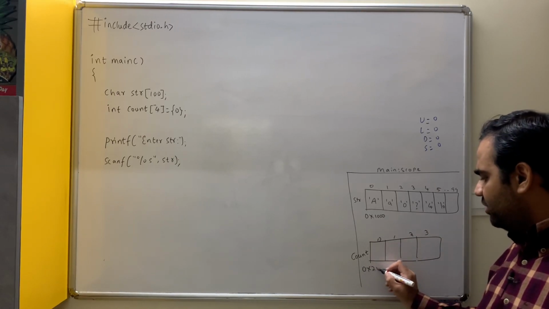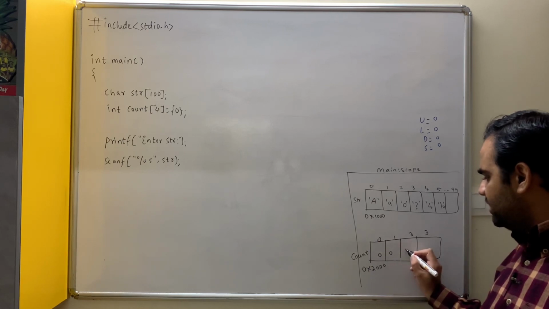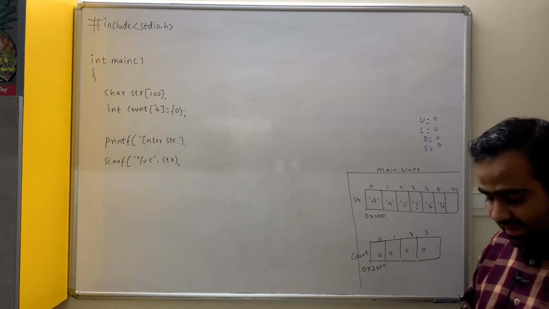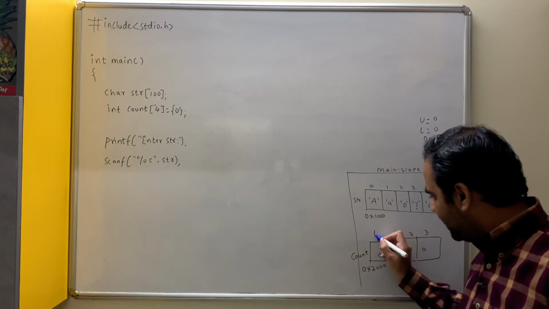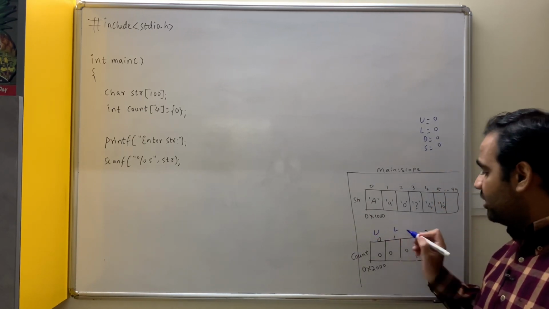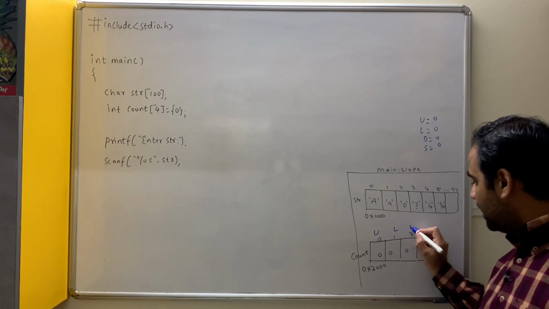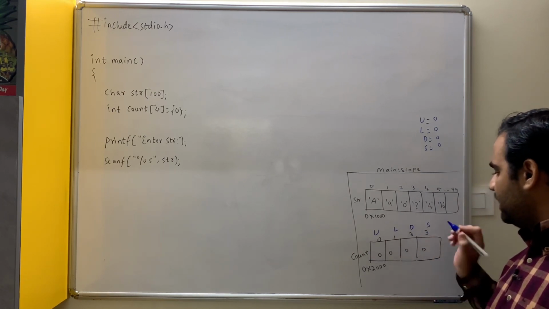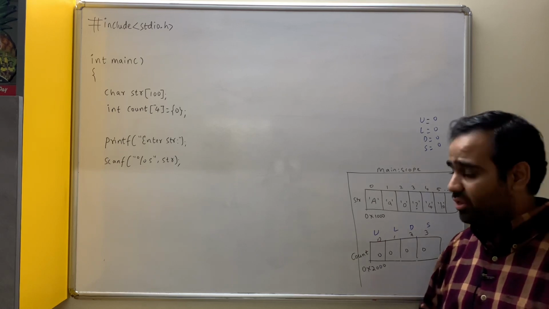Let the address of this be 2000, and all are initialized to 0. Let 0 correspond to uppercase, 1 to lowercase, 2 to digit and 3 to the special symbol. You have to print the answer in main again.